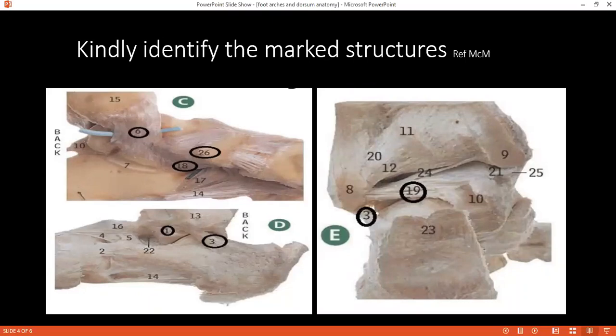Would you be able to identify the Achilles tendon? Where does it insert, in any of these images? It is number 23 in image E. Okay, good. Can you tell me what muscles make up the Achilles tendon?